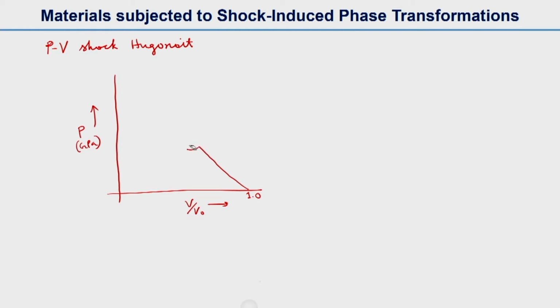There will be a discontinuity in slope, so it will vary like that, and this is in the loading case. And then in the unloading, this looks something like this. So this is during loading, and this is, let's say, unloading. So during loading, as you know, it's close to 13 gigapascal, where the discontinuity of slope occurs.